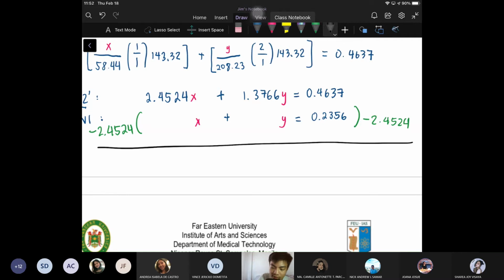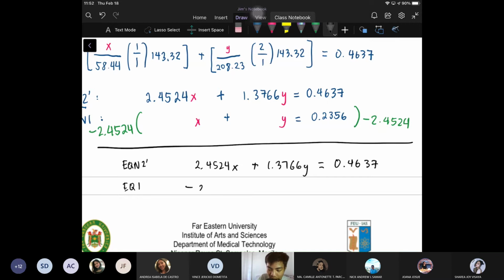So, let me rewrite this. No? Equation 2 prime. That will be 2.4524x plus 1.3766y. Tapos yung equation 1 pala. So, minultiply ko na yun sa negative 2.4524, no?